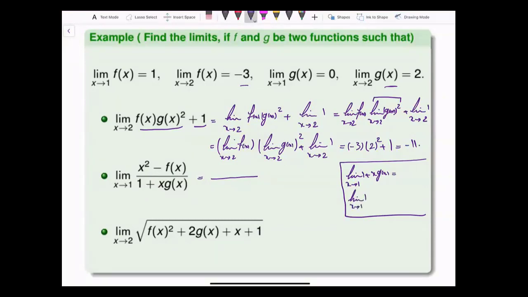So it will be the limit of 1 as x approaches 1 plus the limit of x as x approaches 1, times the limit of g(x) as x approaches 1. So by this, you get 1 plus 1 times the limit of the function g as x approaches 1, which is 0. So this is 1. You see the limit of the denominator is non-zero, so right away we can go ahead and do the quotient law.